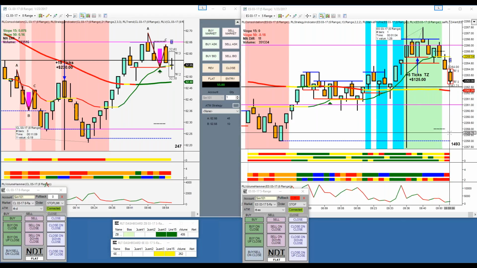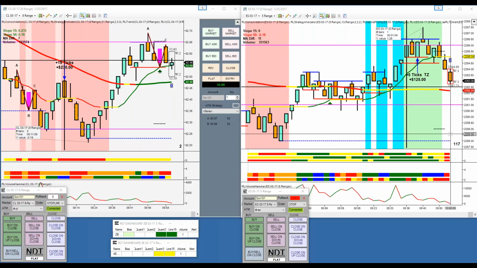We're just moving slow. Doesn't look like we're going to get that E-mini pullback. We've got triple quants, order flow, and momentum all red.